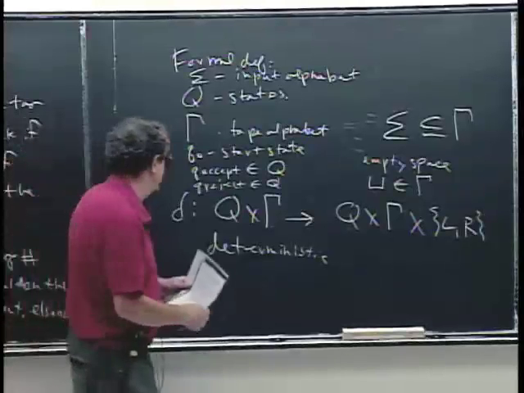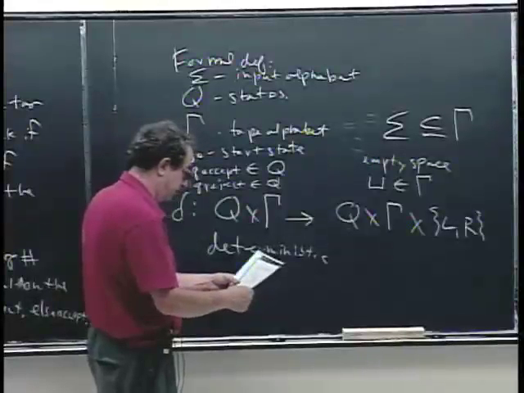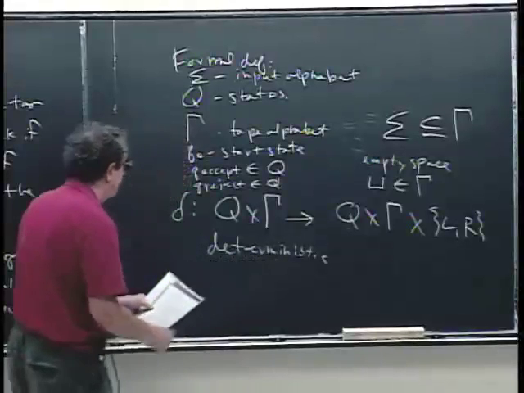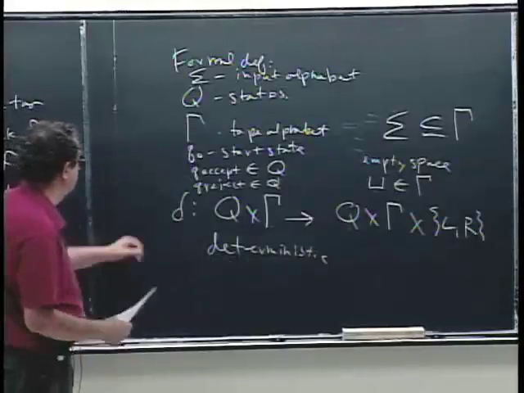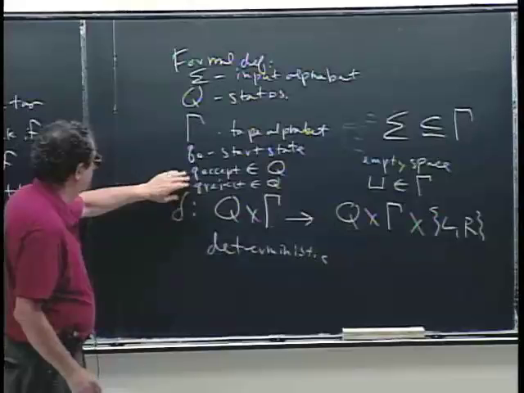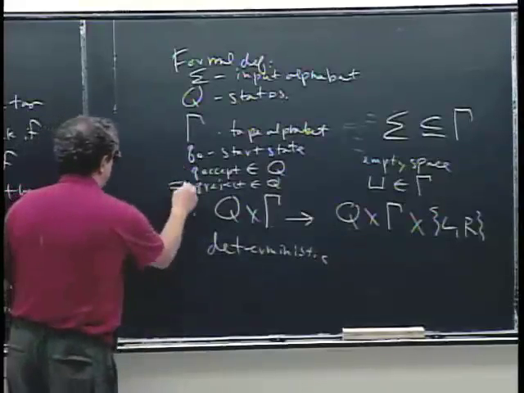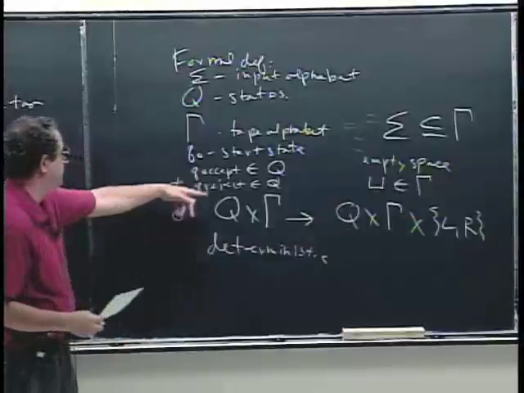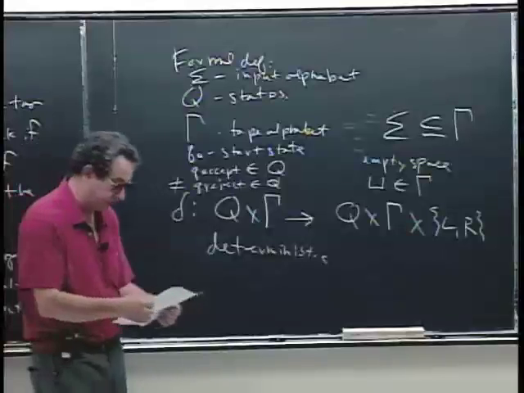Here, we just have a specified accept and a specified reject, and the other states are not either. And of course we also have this formal requirement that the accept state and the reject state are not the same state. So those are different states.